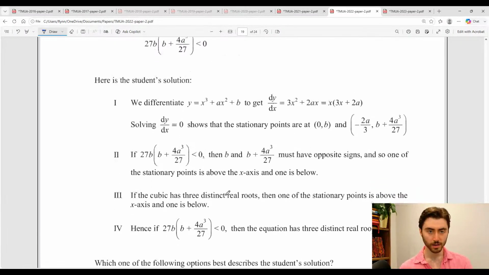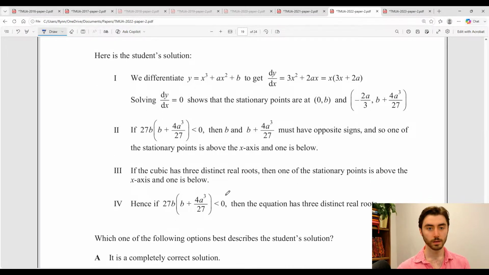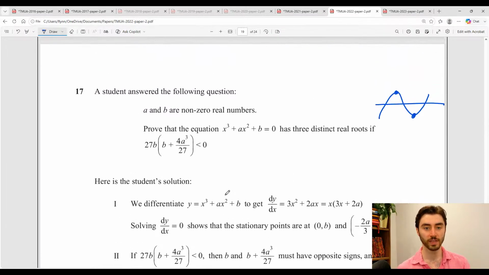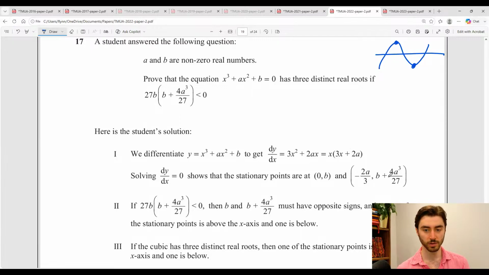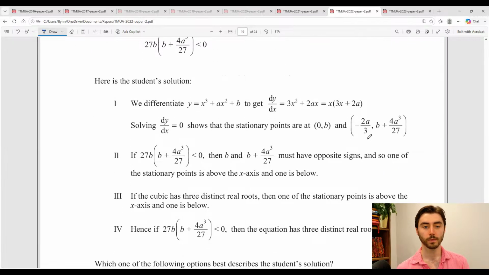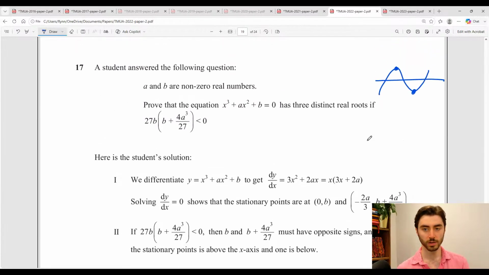Here we differentiate, which is correct, in order to find the turning points. They have differentiated correctly. They have factorized correctly. Yes, they have found the 2 turning points. So what do we know? We know this is the first one because A is a non-zero real number.